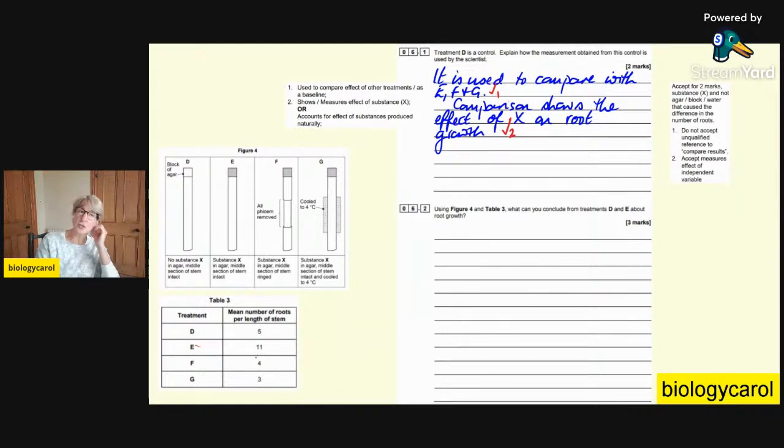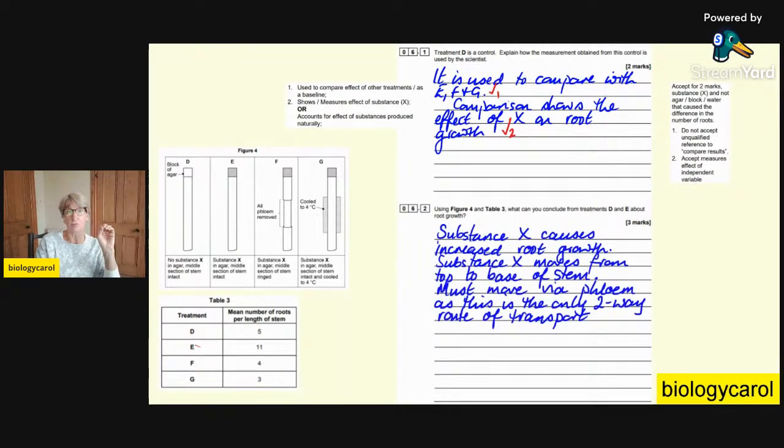So you could conclude that substance X moved down the stem from the top to the bottom and it increased root growth, which I'm hoping is what I put. Yeah. Oh, I added something else, because notice that I wrote these 2 things, and to be quite frank, it's 3 marks. I've really only written 2 statements. So then I was going, okay, what else can I write?